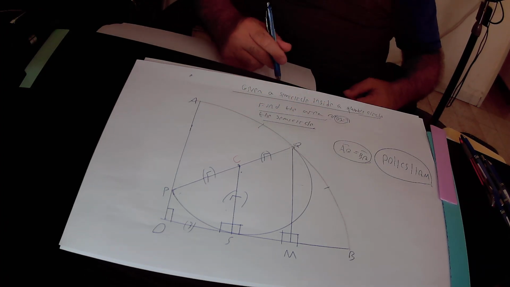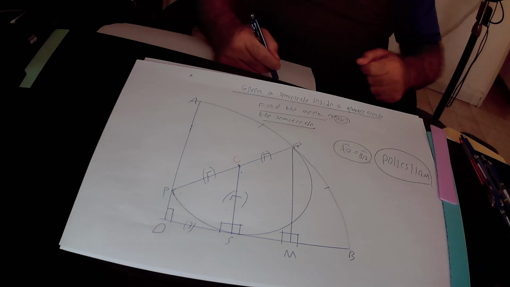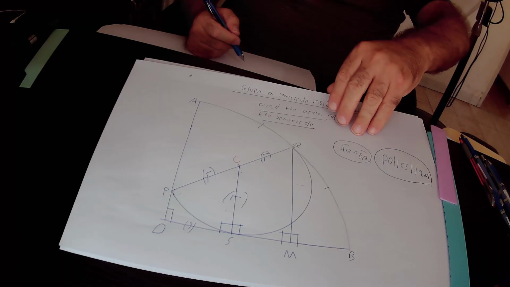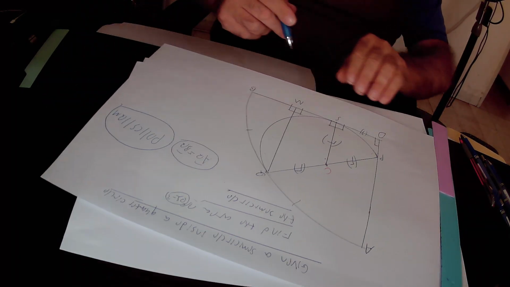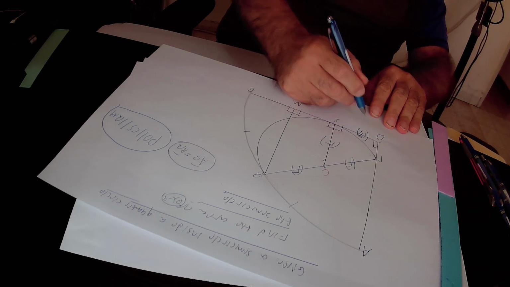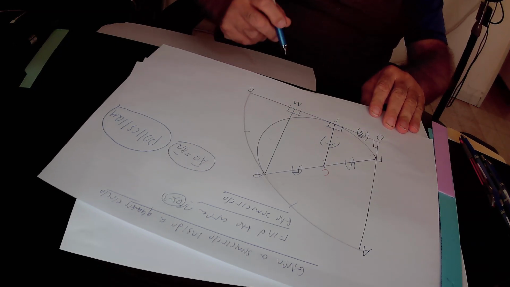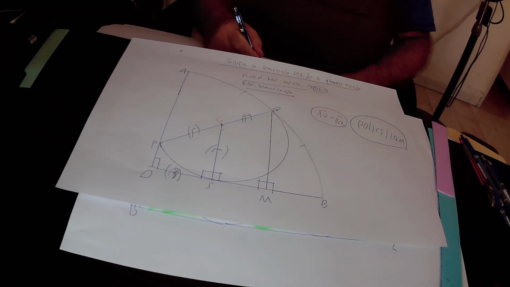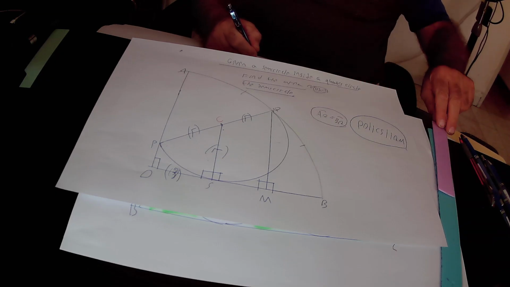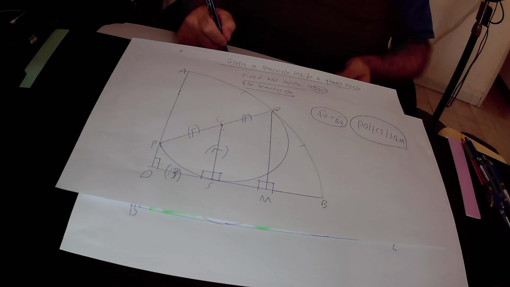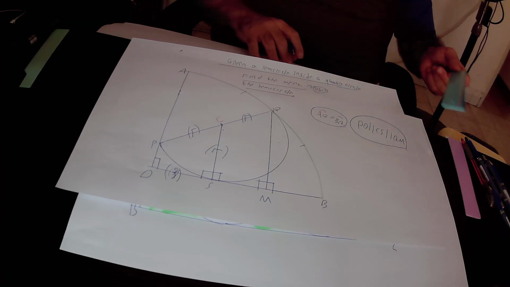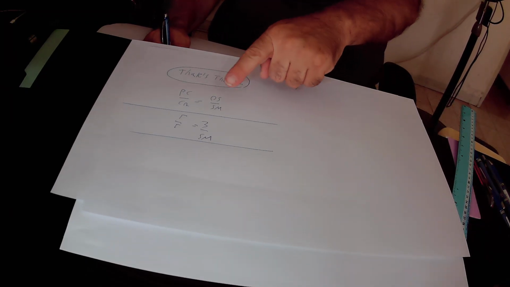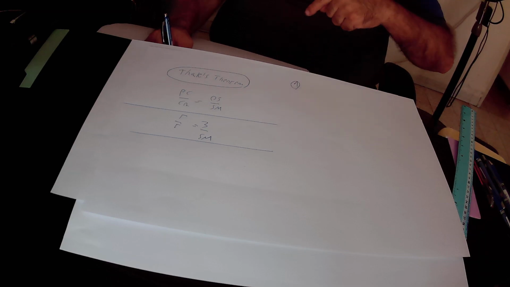PC is R, CQ is also R. This equals OS, that is 3 according to what is given in the question, over SM. SM is the missing side, so we leave it as it is. So in total, R over R equals 3 over SM.